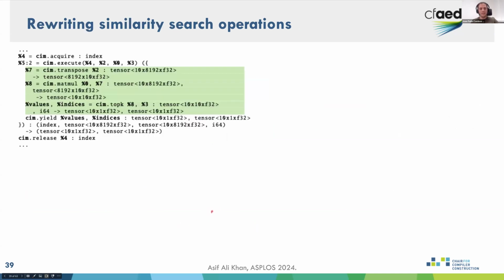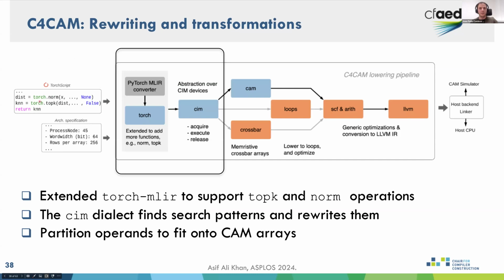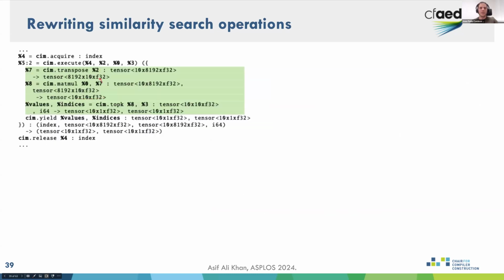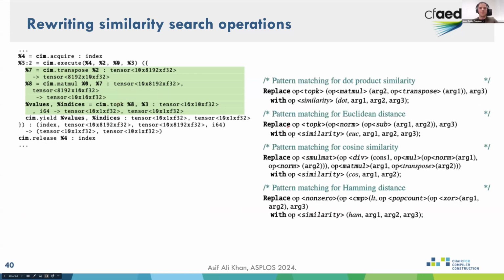And here I bring an example of this code. What you see here as torch expressions are translated to the SIM dialect as a transposition, matrix multiplication, and also top K. And then it is further replaced by similarities according to the pattern that appears in the code.